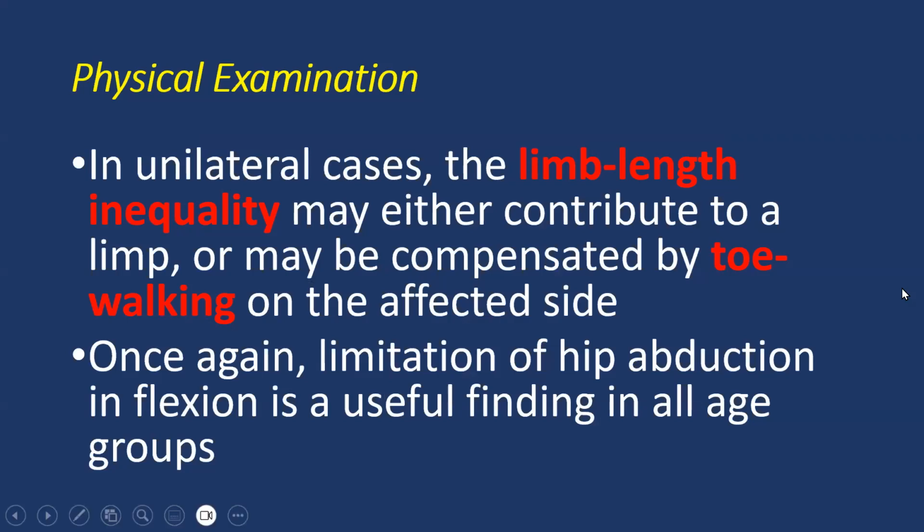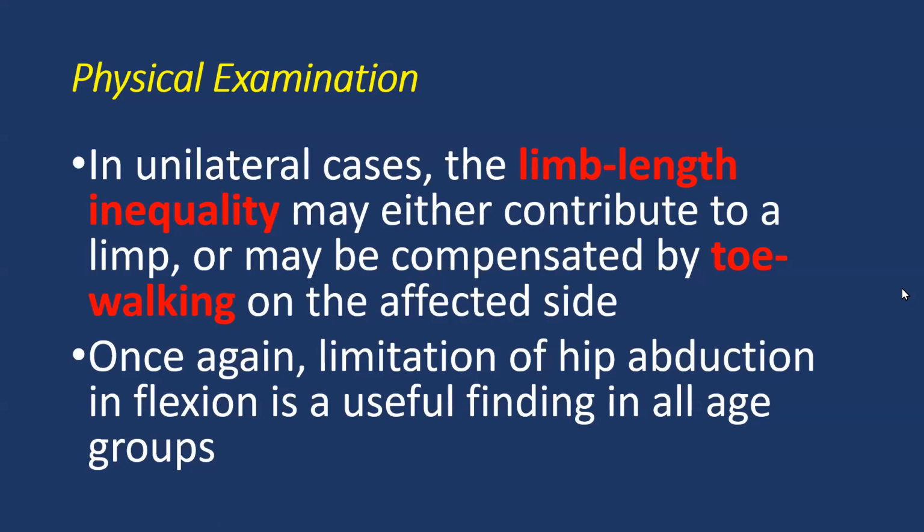In unilateral cases, the limb length inequality may either contribute to a limp or may be compensated by toe walking on the affected side.